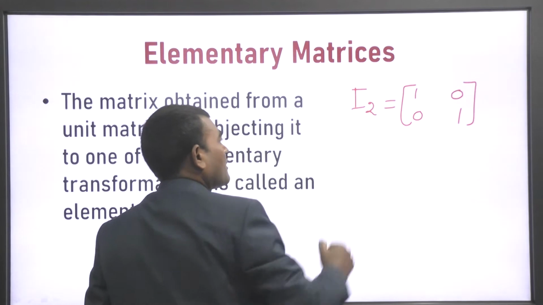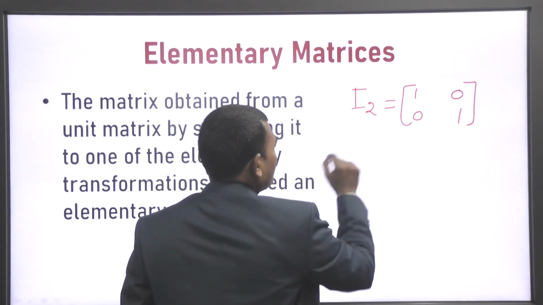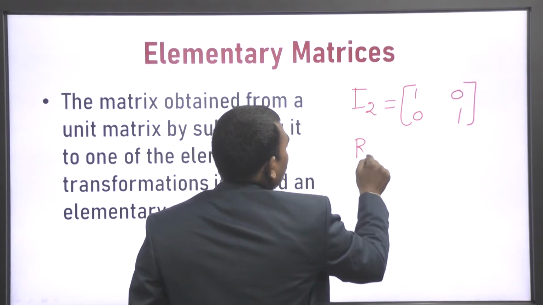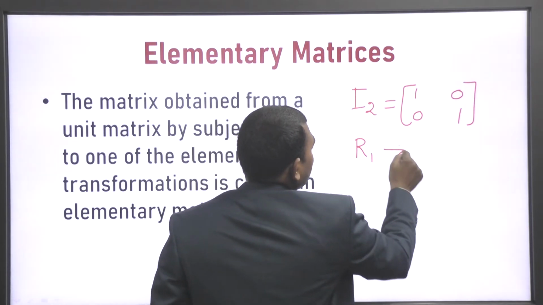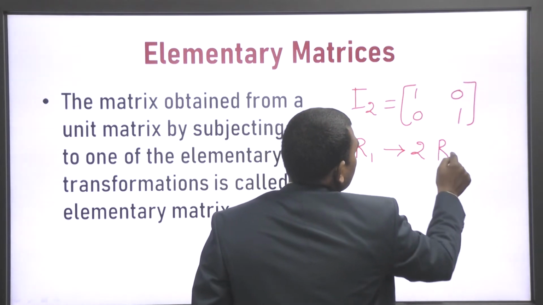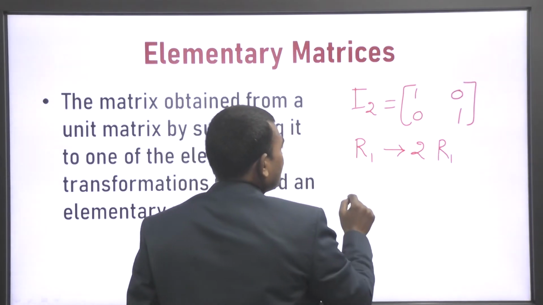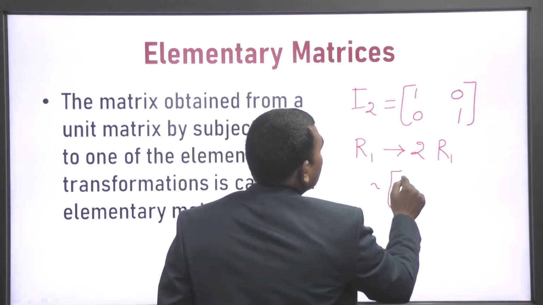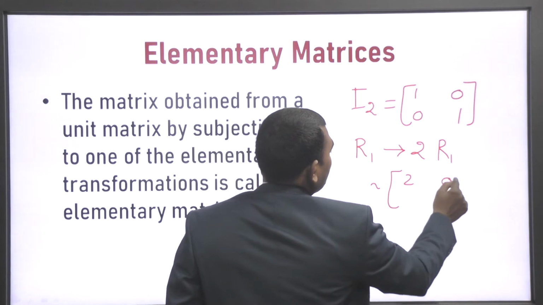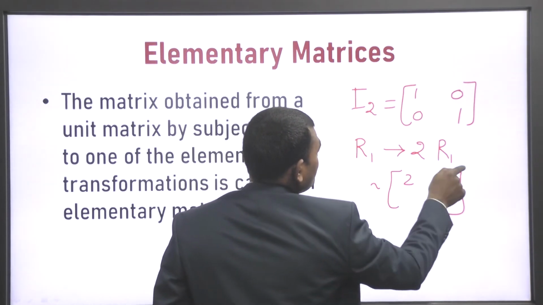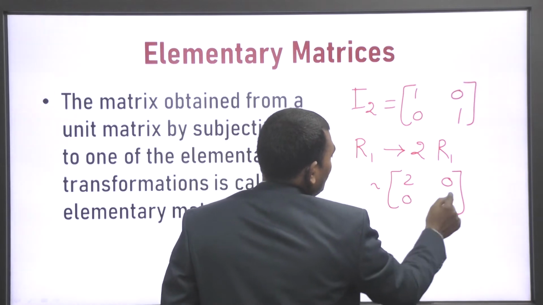then we can apply any elementary transformation. Suppose this is the elementary transformation we apply here: the first row changes to 2 into R1. Then we get an equivalent matrix, 2 0 0 1, because 2 into 1 is 2 and 0 into 2 is 0.